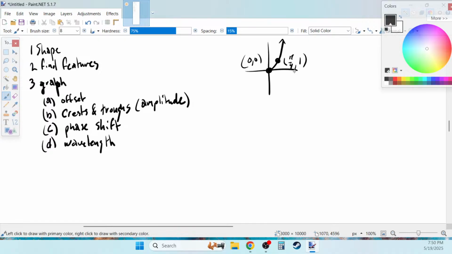That's the equivalent of the amplitude slash crest line of the tangent. Then we have an asymptote. Then we have this point here at 3 pi over 4 comma negative 1. And we come back up to 0. That's the full wavelength for tangent. It will repeat itself after that. If you can graph that section of tangent, you are good.